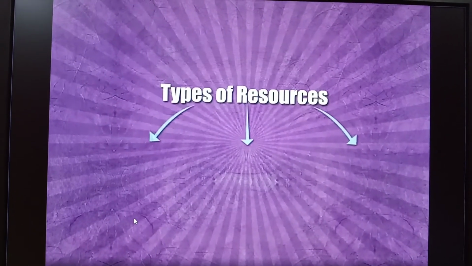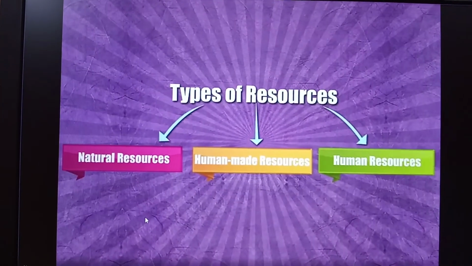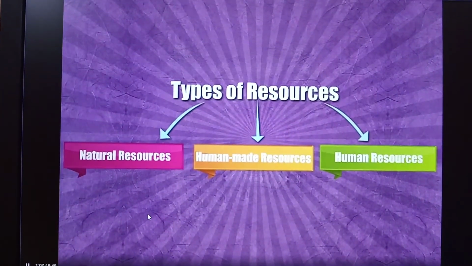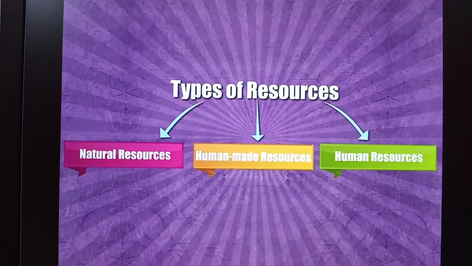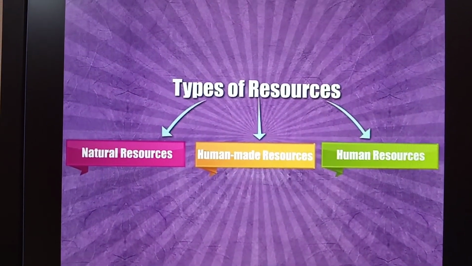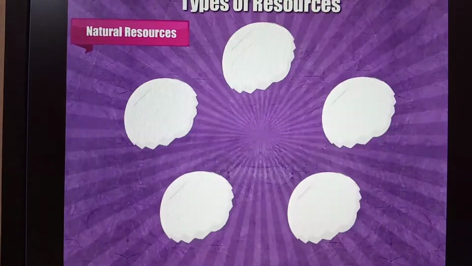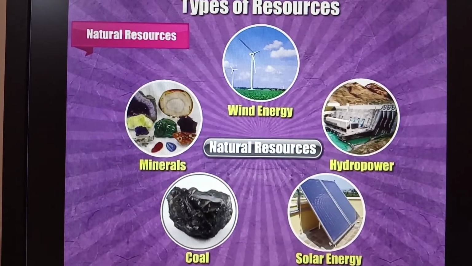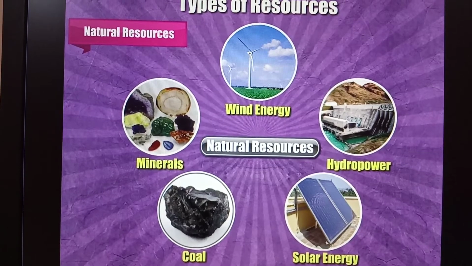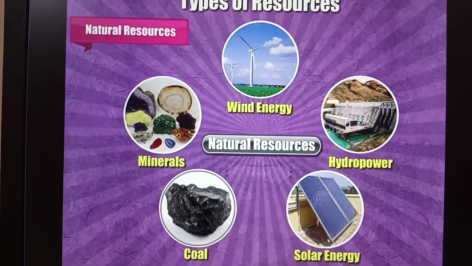Here I show you one video for this topic. Types of resources can be classified into natural resources, human-made resources, and human resources. Let's look at each one of them in detail. Natural resources are the materials that come from nature and are used to support life and meet people's needs.